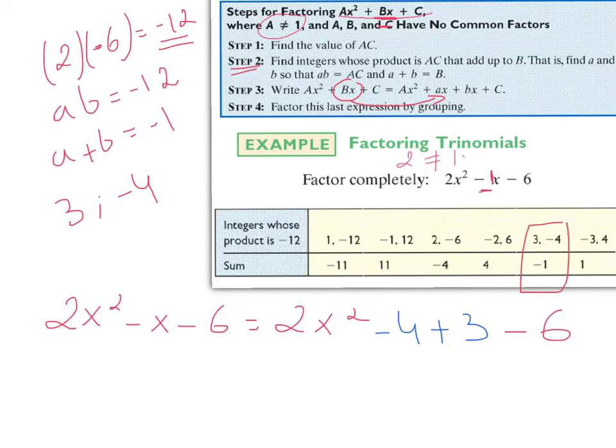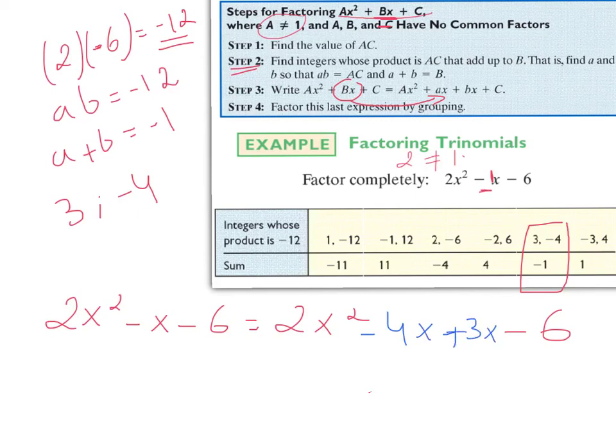We can see that there is a common factor between the first part and the second part. I'm sorry, this is minus 4x. This is a mistake here. Actually, I changed minus x, so minus x will be changed to minus 4x plus 3x.